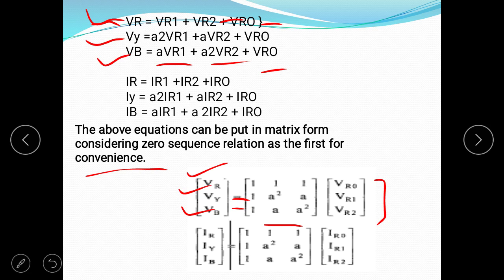Similarly for the current equation, IR, IY, IB, matrix 1 1 1, 1 a square a, 1 a a square, and the matrix of sequence components is IR0, IR1 and IR2.